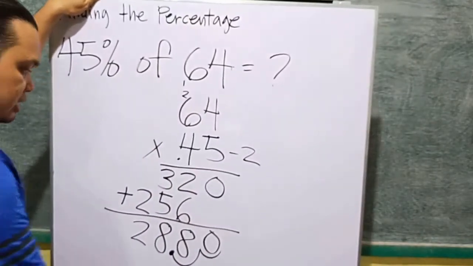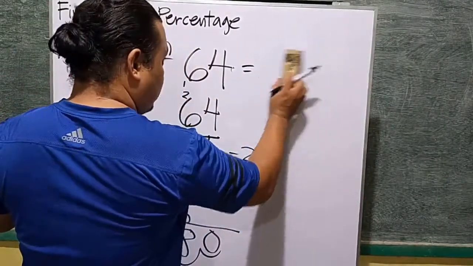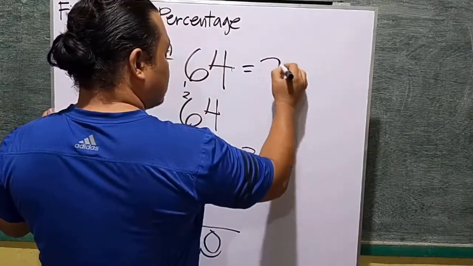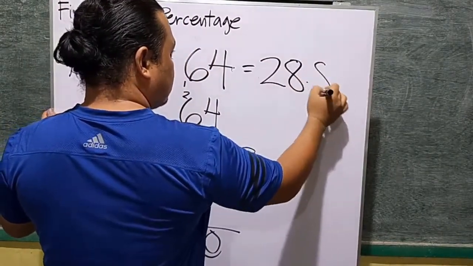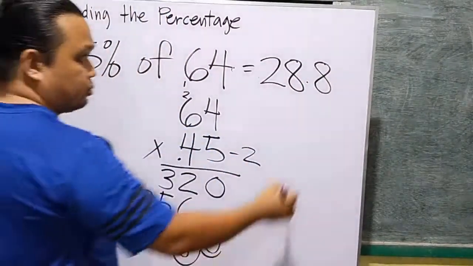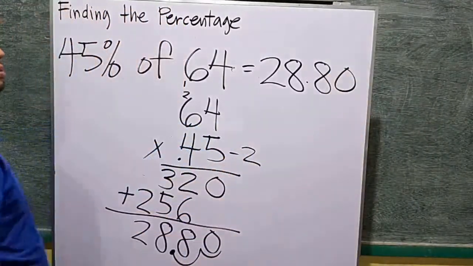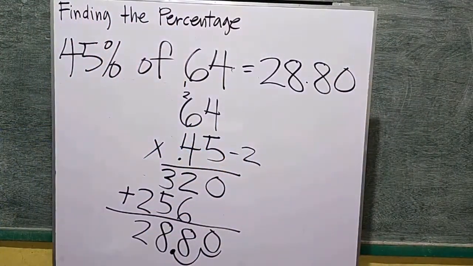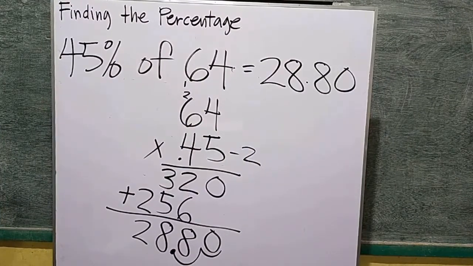So for our answer, that will be 28.8, or 28.80, still the same. Okay, so 45% of 64 is 28.8 or 28.80.